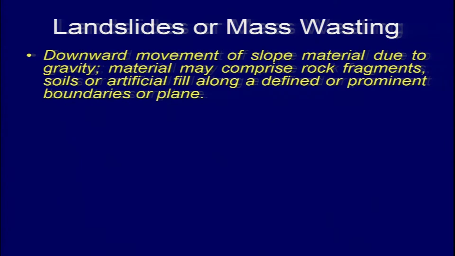So mainly what we see in the first photograph, if you recall, clearly shows the downward movement of the material which is sitting on the slope. There are a few parameters which are essential to trigger a landslide, and one is the slope and the type of material which is resting on the slope. If the slope is steeper, then the chances of having a landslide are greater, but again it will depend on what type of material is available.